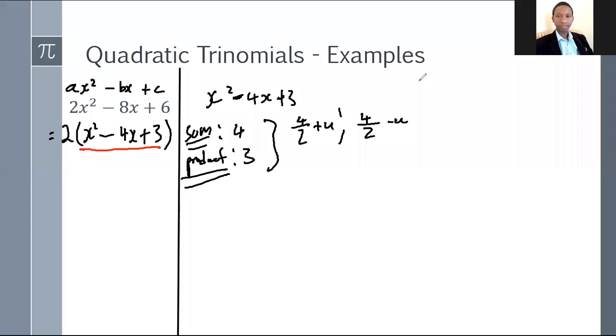Maybe I can just write here for you: 4 divided by 2 is 2, so I have 2 plus u as my first number and 2 minus u as my second number. Then I know for a fact that the product of these two numbers should give me a 3 in this case.